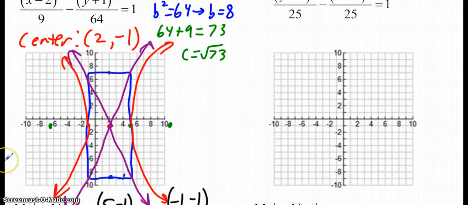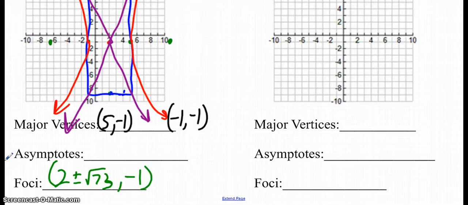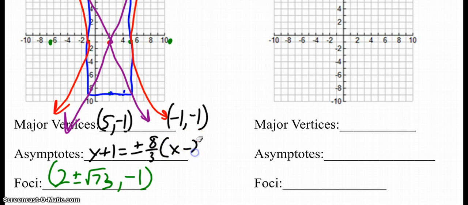So I have a point and I have a slope. I can write the asymptotes. So we're going to write y plus 1 equals plus or minus 8/3 times (x minus 2). Those are our asymptotes.